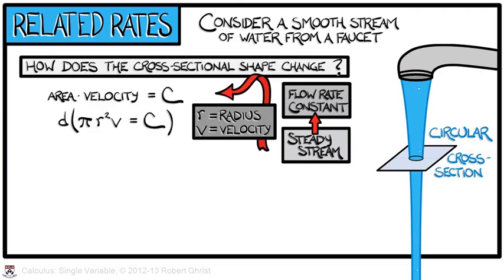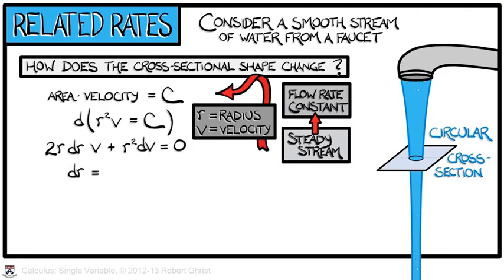Differentiating this equation yields what? Well, we're going to ignore the pi, absorb that into the constant on the right, and then, using the product rule, we get 2r dr times v plus r squared times dv equals 0.